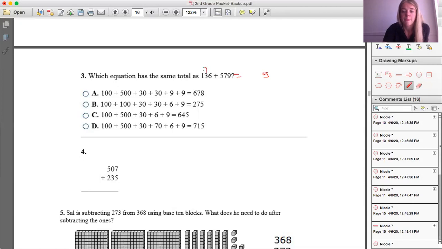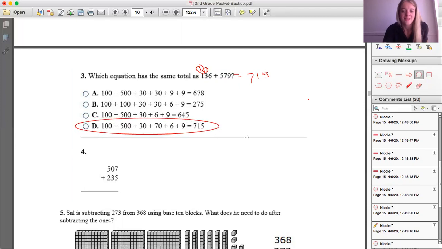Carry the 1. 1 plus 3 is 4. 4 plus 7 is 11. Carry the 1. 1 plus 1 is 2. 2 plus 5 is 7. You should have gotten 715, and therefore D is your answer, because you can see that this answer is 715 right there.